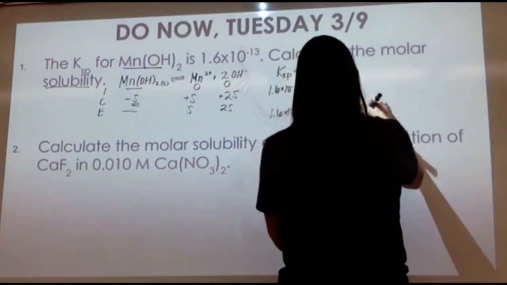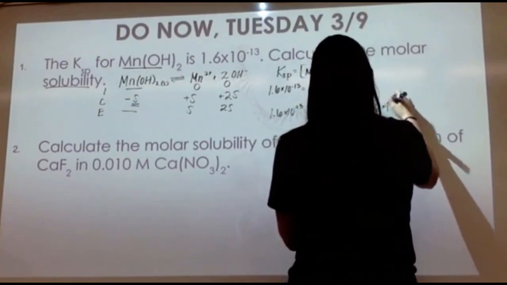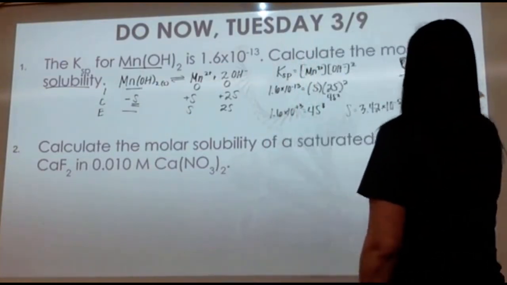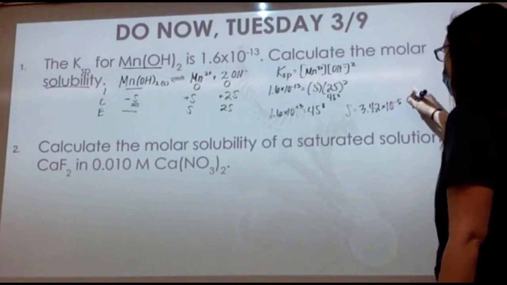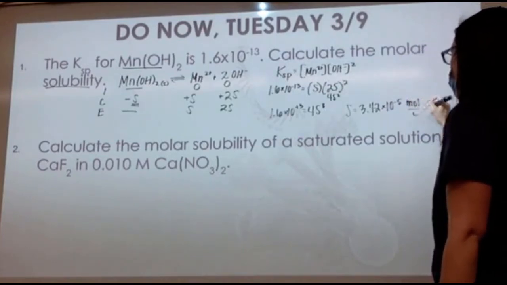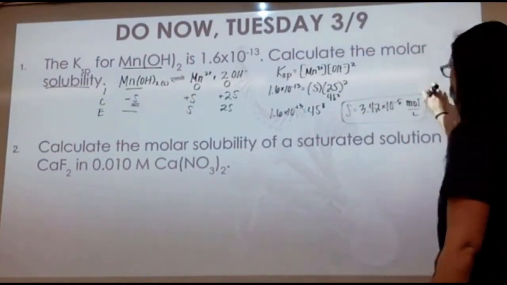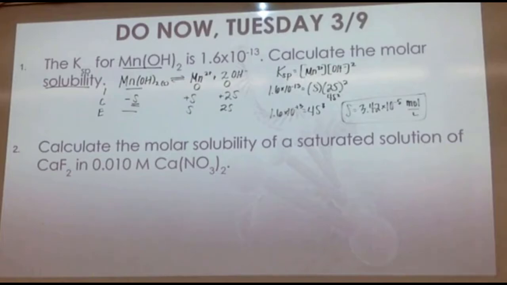So the solubility is 3.42 times 10 to the negative 5th molar solubility. When we calculate S out of an ice table, it's moles per liter or molar, either one. So number 1 was assuming that there was nothing else in the container. It was just the solid.